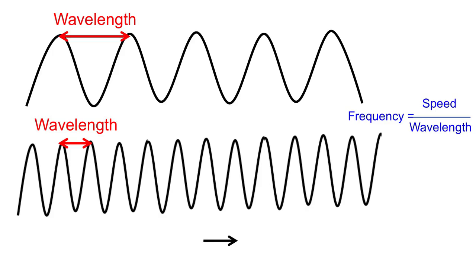In general, frequency is defined as the ratio between the speed of a wave and its wavelength. This is a very useful relation, in particular when it comes to electromagnetic waves which propagate at the speed of light. As speed of light is a constant, we can easily determine the frequency if we know the wavelength, and vice versa.